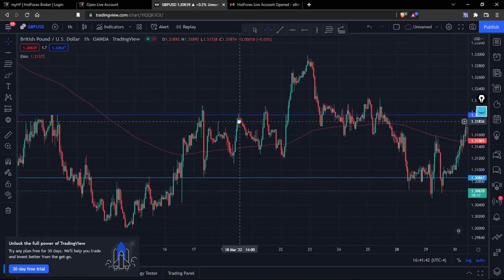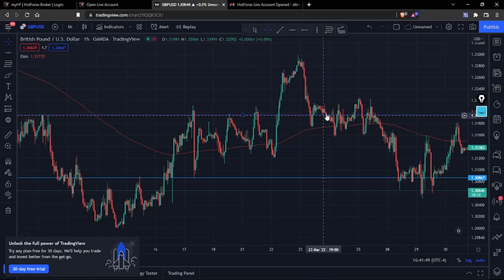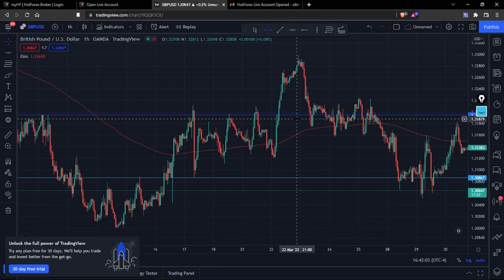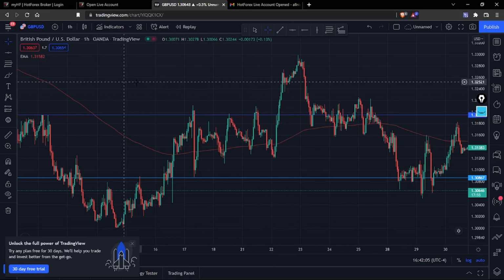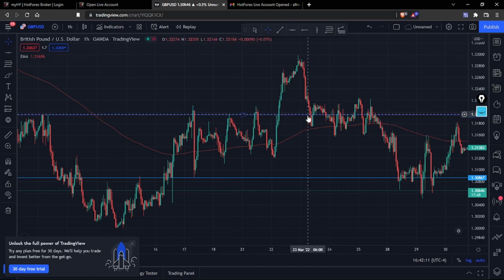Even when the price broke above here, you can see it came down to the same area, not exactly the point, but it still respected that area, because you'll notice that most times when you draw up a line, the price does not respect exactly the line, but it respects the area around the line. So that's why it's advised to use shapes, so you can have a zone represented as the support or resistance instead of the line. But the line works fine as well.